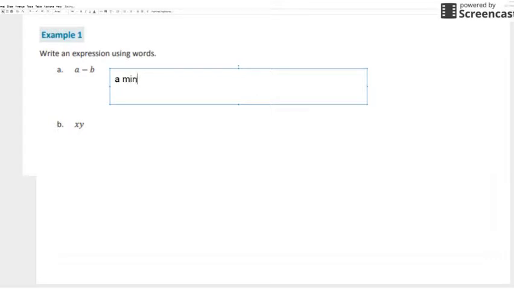We could say A minus B. I'm going to put down a couple of these to show the difference that we could use. Speaking of difference, we could say the difference of A and B. Oops, gotta spell difference correctly. That would help. Of course, using the answer to a subtraction problem.